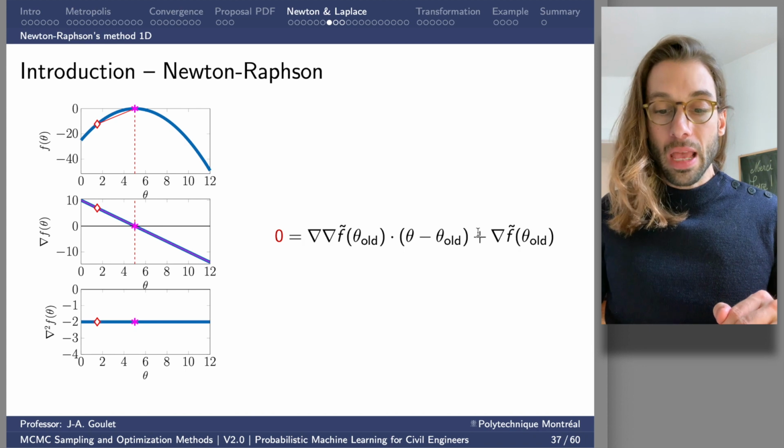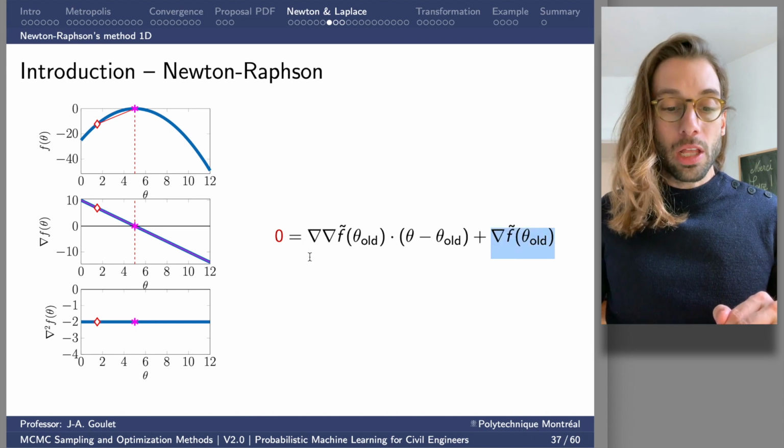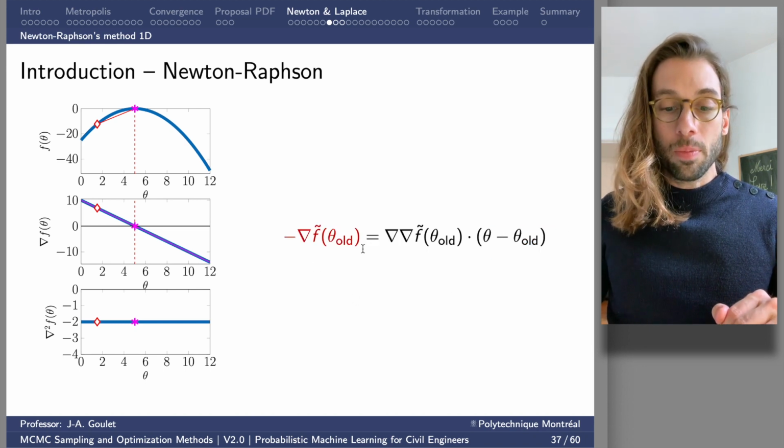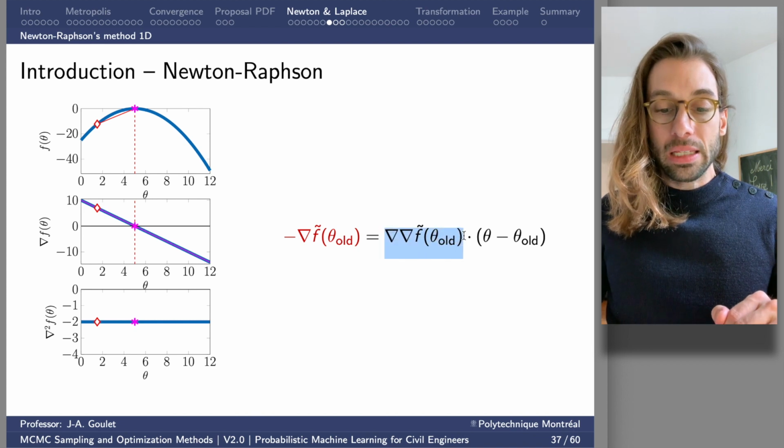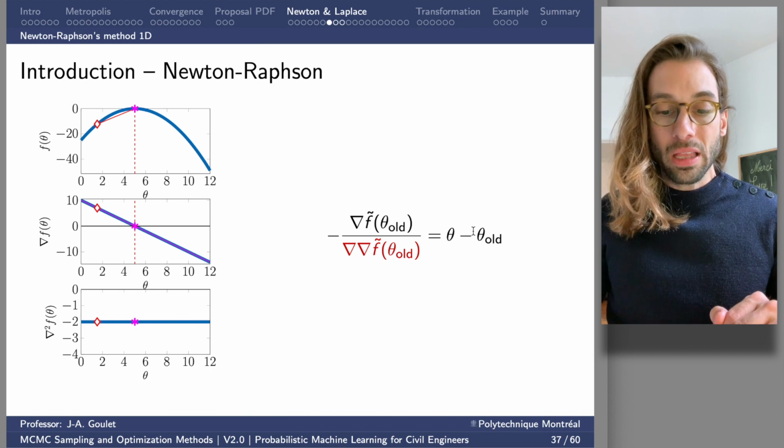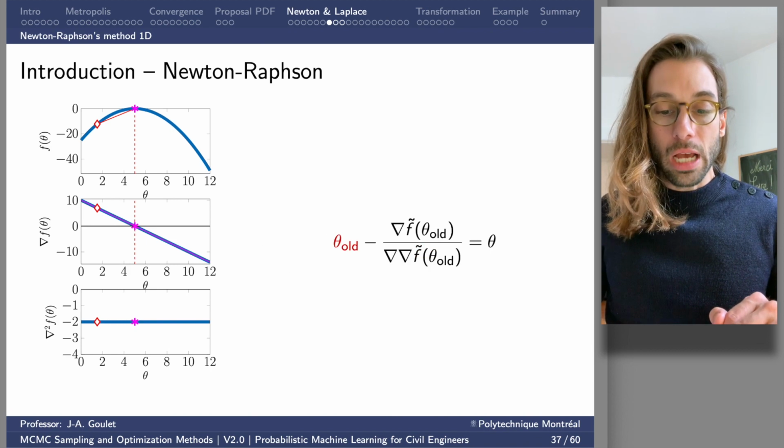If I do this, I can now send this value to the left side of the equality, okay? Perfect. I can divide by this value, because what I want is to isolate this. I'm going to send theta old to the other side, okay?